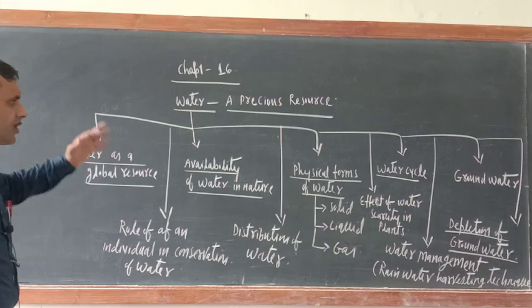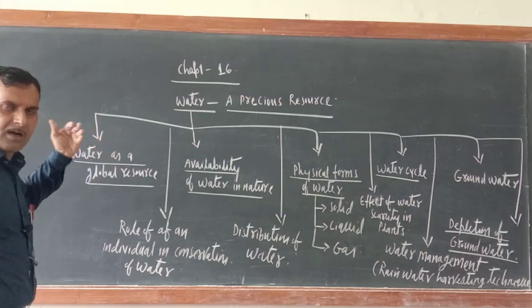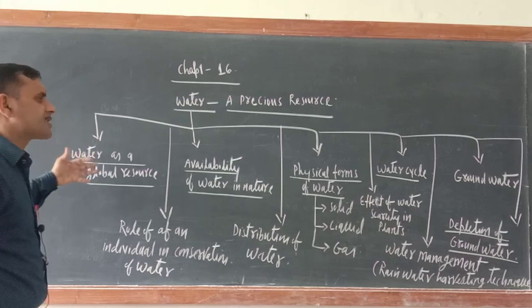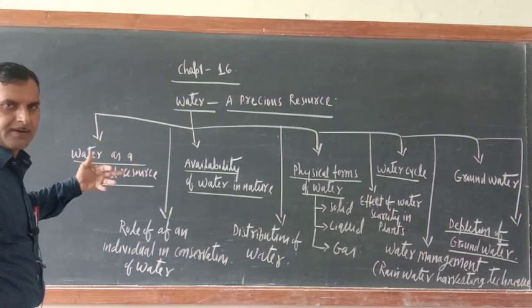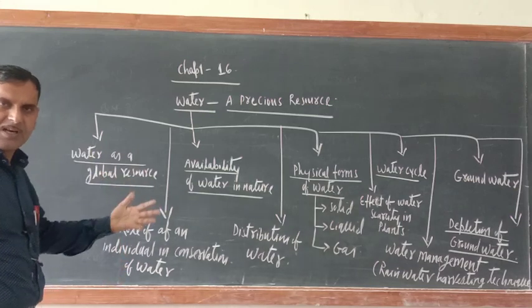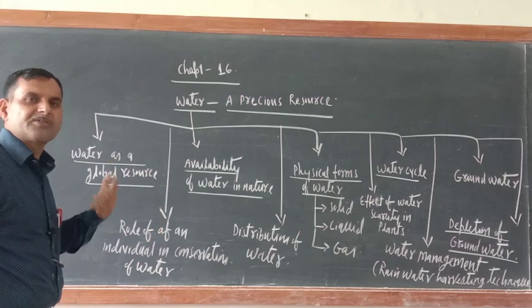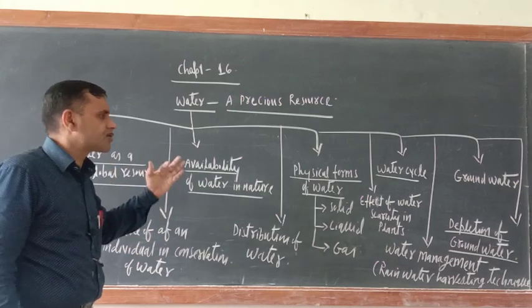Okay, so these are the outline of this chapter, and in upcoming days we'll discuss all those things one by one: like water as a global resource, availability of water, role of an individual towards the conservation of water, and so on and so forth.